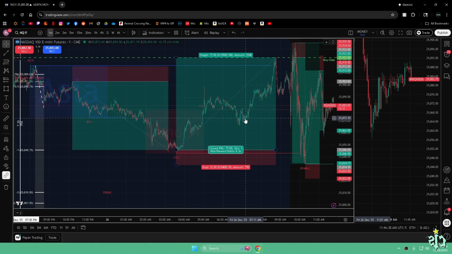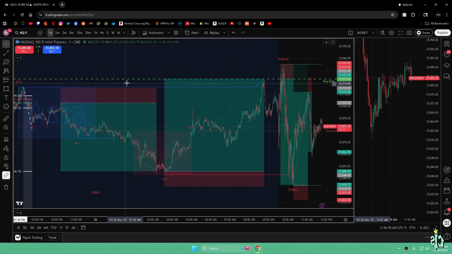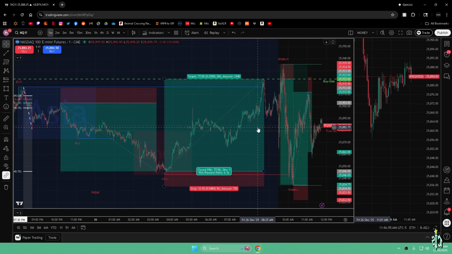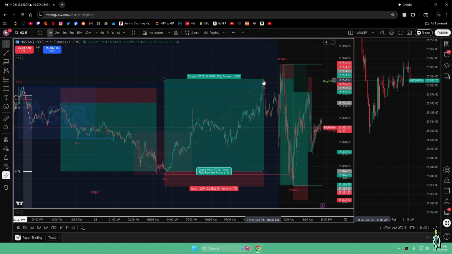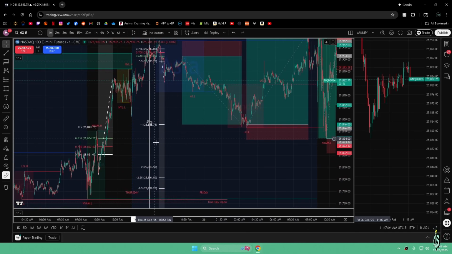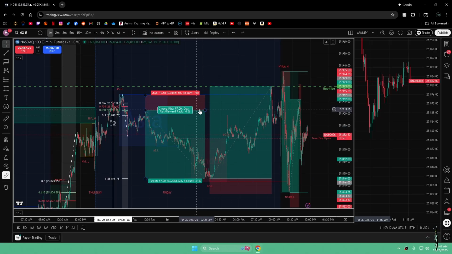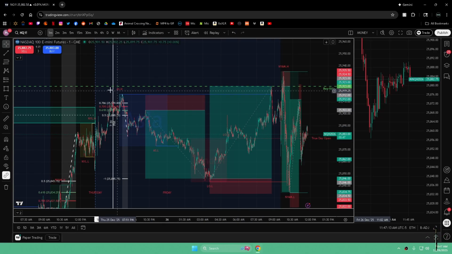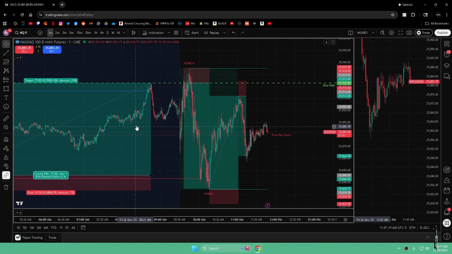So say you're down here at this wick, and this isn't 200 points. Let's say you aim just for buy side, right? If it doesn't align or make sense to go for 200 ticks, don't go for it. Go for a range imbalance around this area. So right here, you would get out here, or at buy side, depending on how strong the volatility is or how strong it isn't.